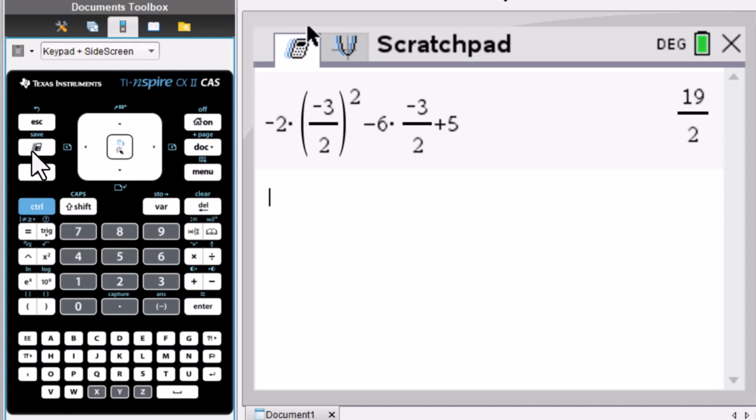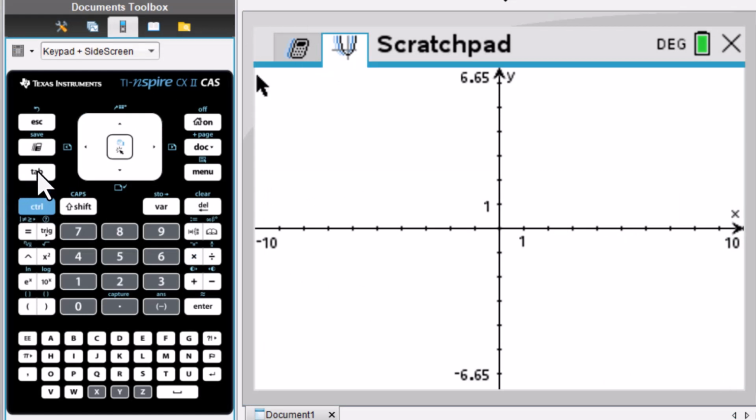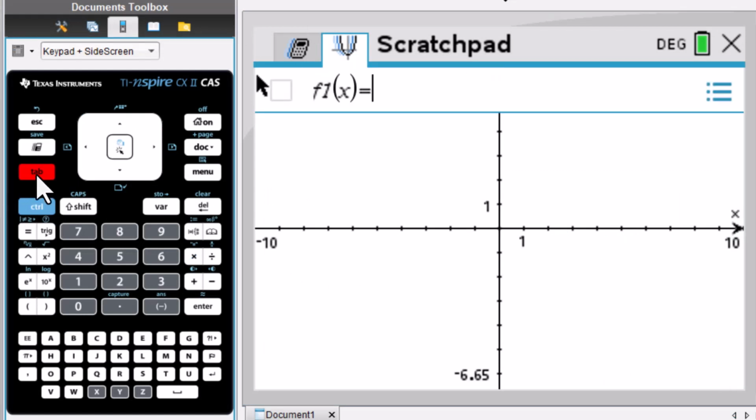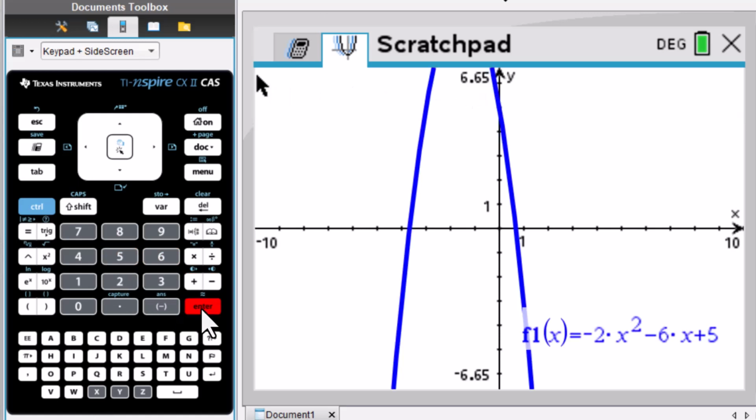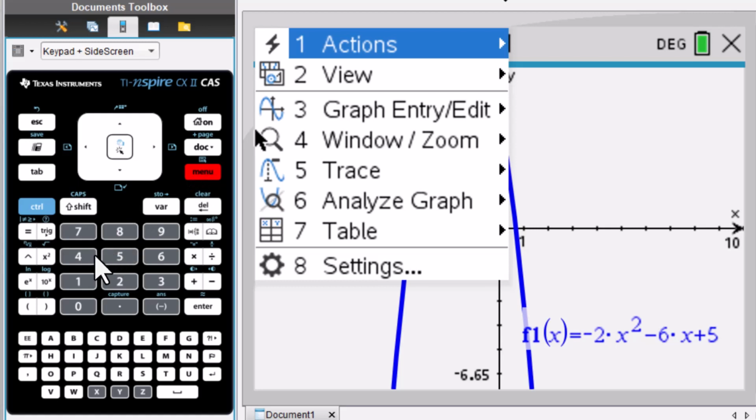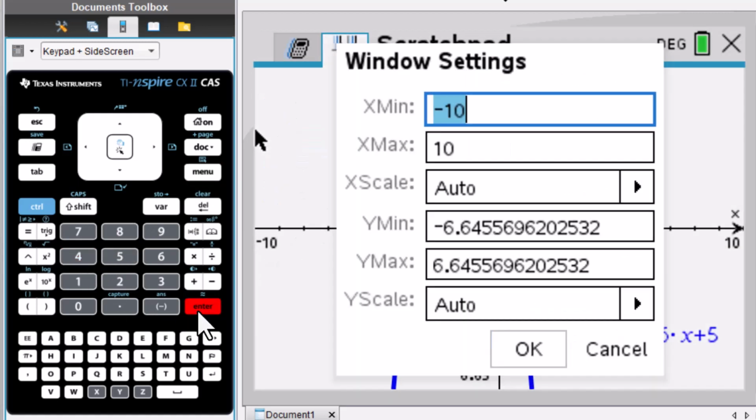Or we can put this function into the graphing calculator. We can go to graph, click on tab, put -2x squared minus 6x, then plus 5, enter. We cannot see the vertex on this window. We need to change the window. Click on menu, go to 4, enter.